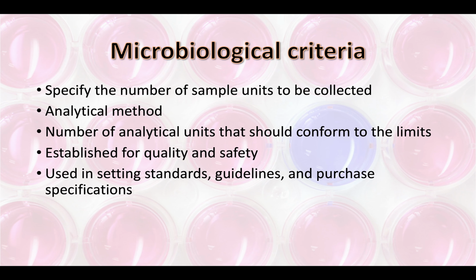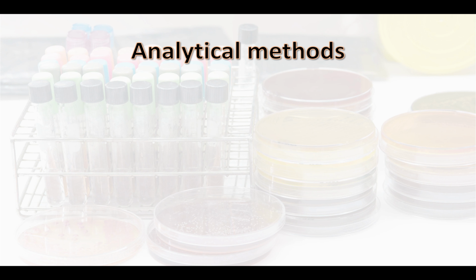So if you collect 10 samples, one of those samples can have an aerobic plate count above 500 colony-forming units per mil, and you will still have an acceptable result for your microbial criteria for cleaning and sanitizing this surface. You establish these criteria for both microbial quality and safety reasons, and microbial criteria are also important due to regulations and buyer requirements.